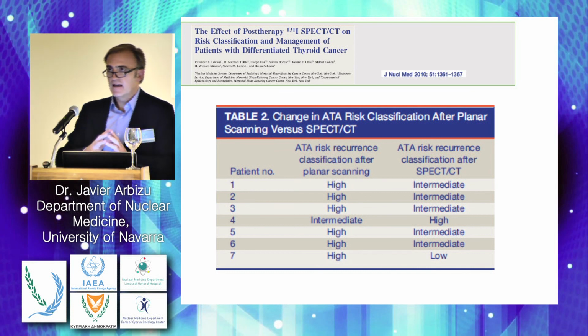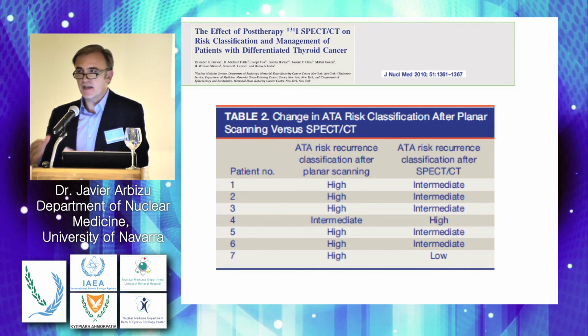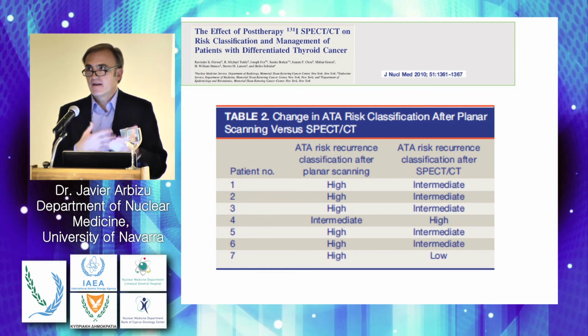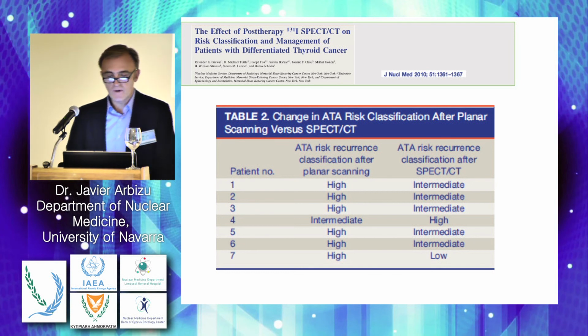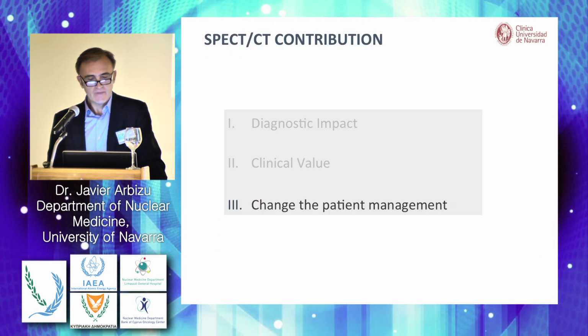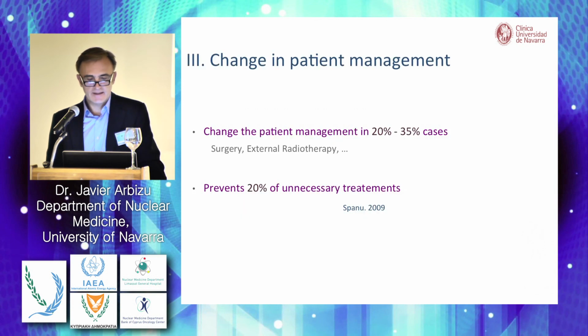So this dynamic stratification of the risk that is proposed in these guidelines could be better performed using the SPECT than the regular whole body scan. Does it change the patient management after these studies?